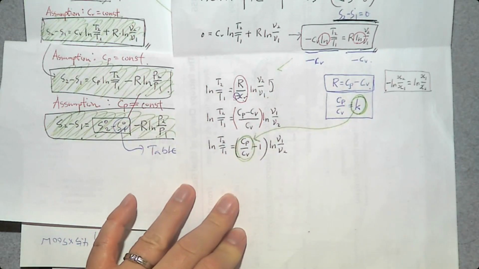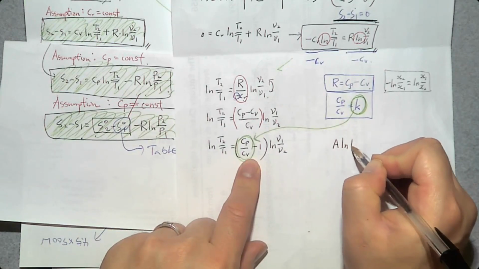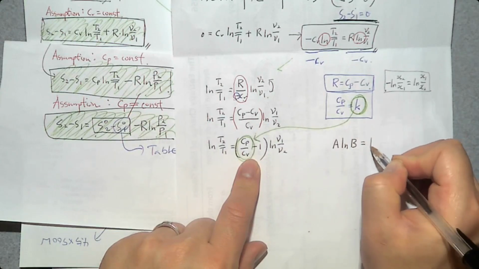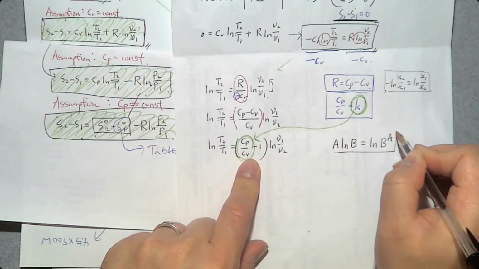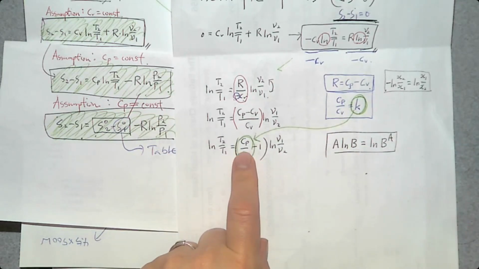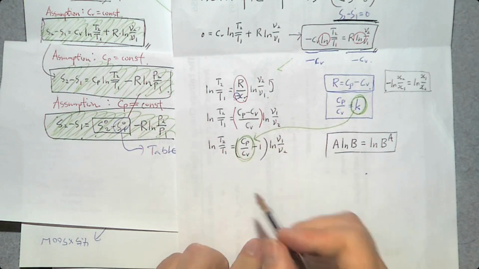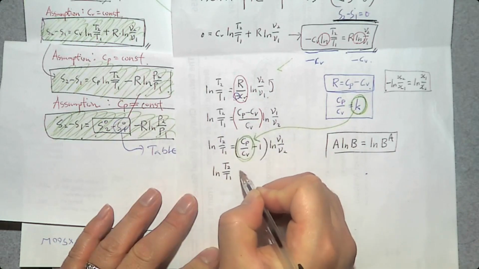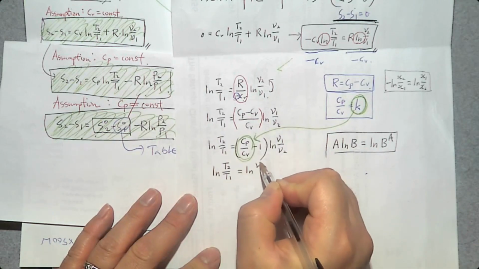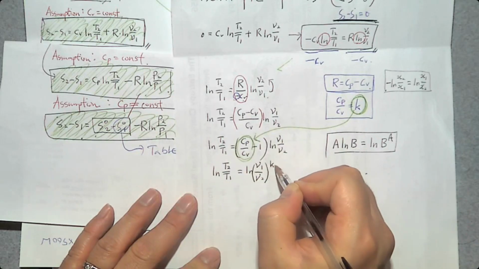A natural log B is going to be natural log B to the power A. You know that, right? The same thing. So kappa minus 1 goes on top of this. Natural log T2 over T1 is going to be natural log V1 over V2 to the power kappa minus 1.